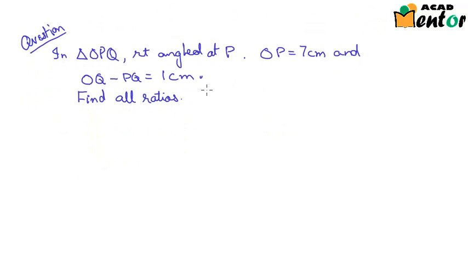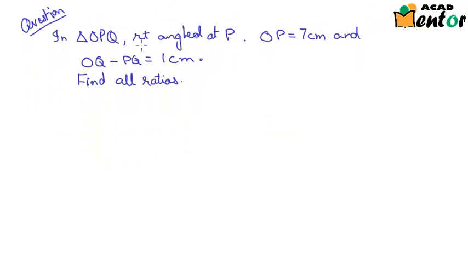Now here the question given to us is, in a triangle OPQ, which is right angled at P, we are given OP as 7 centimeters and OQ minus PQ as 1 centimeter. We are supposed to find out all the trigonometric ratios. So again, the first step, if you remember, is drawing the triangle OPQ.